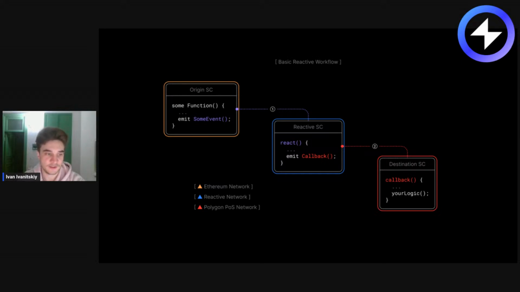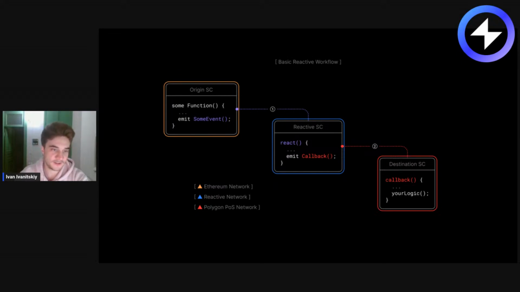In this example, the Ethereum network serves as the origin chain, and the Polygon network serves as the destination chain, which means that we are monitoring events on the Ethereum network, and then we are doing post actions on the Polygon chain.